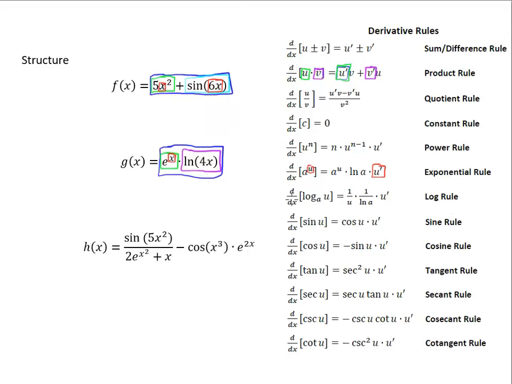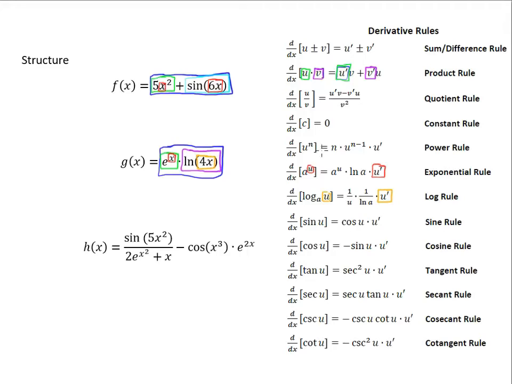So I'm going to follow the log rule, and as part of the log rule, there's a whole bunch of other stuff that we're not going to worry about right now, but it says eventually you have to take the derivative of the argument. So I look in here, there's my argument, and sure enough, I have to find the derivative of this.